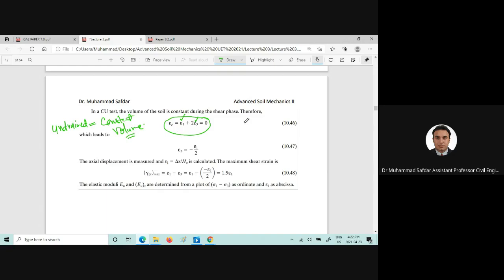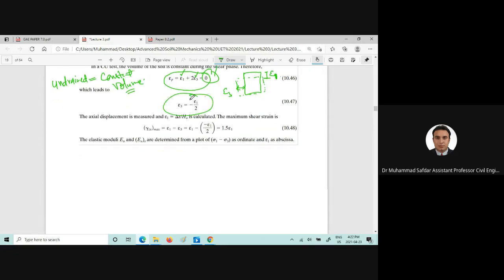In the constant volume test, we already discussed that the axial strains can occur, and that can be accommodated by the radial strains, epsilon 3, okay? But the volumetric strain would be equal to 0, which means that it is a constant volume test.